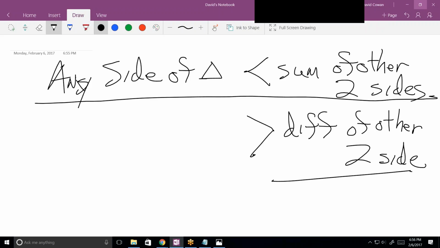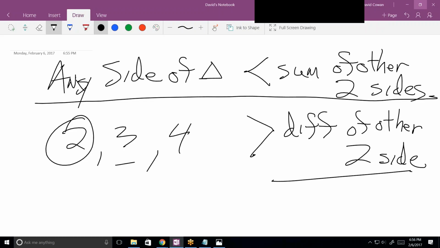Okay? And what they're saying is, can I have a 2, 3, 4 triangle? Well, that side is less than the sum of those two, so it passes test 1, and it's greater than the difference of those two, so it passes test number 2. 3 is less than 2 plus 4, that's true, and 3 is greater than 4 minus 2, so that's true.